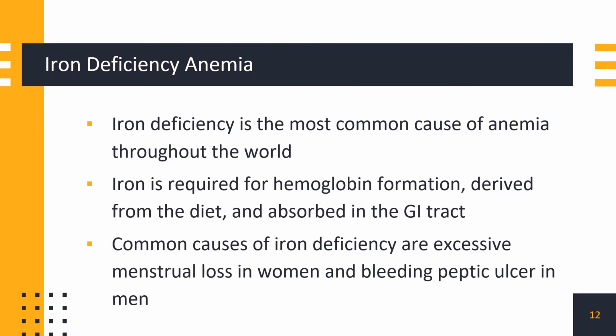Iron deficiency is the most common cause of anemia throughout the world, and iron is required for hemoglobin formation. It is derived from the diet and absorbed in the GI tract. Common causes of iron deficiency are profuse menstrual loss in women and bleeding peptic ulcer disease among men.